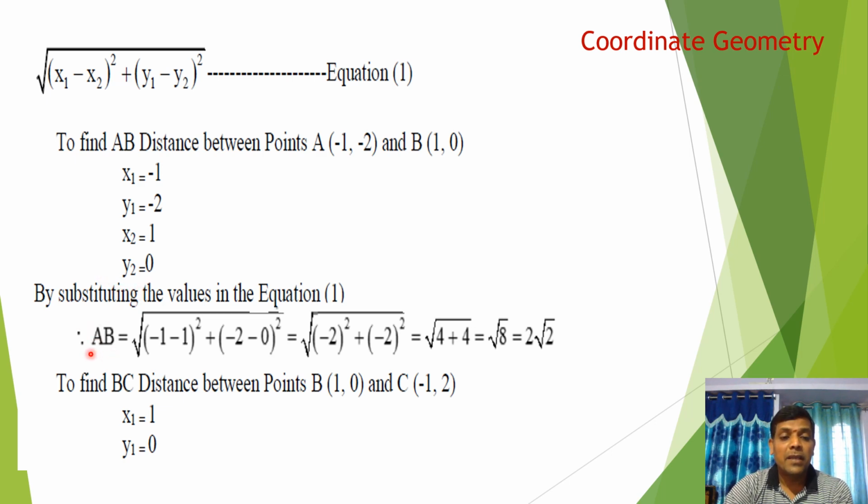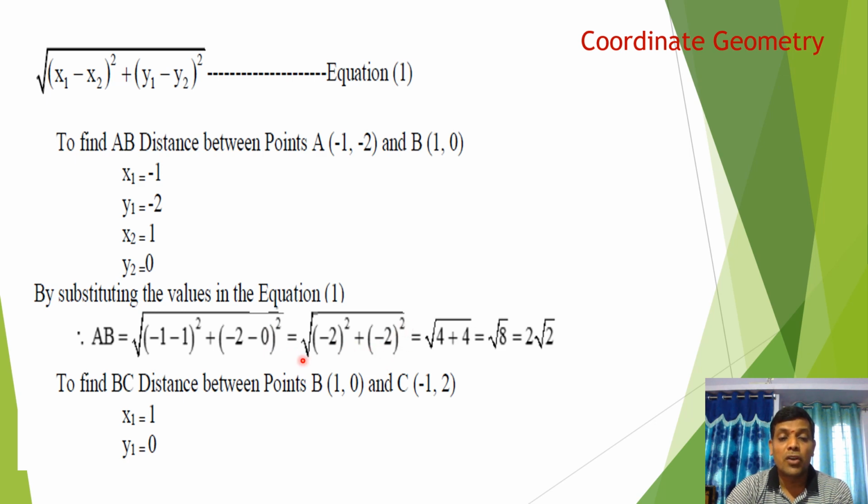Distance between A and B equals square root of (x1 minus x2), that is (-1 - 1) whole square, plus (y1 minus y2), that is (-2 - 0) whole square, which is square root of (-2) whole square plus (-2) whole square.